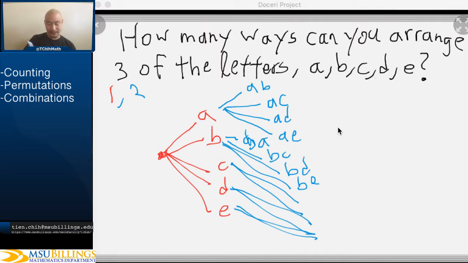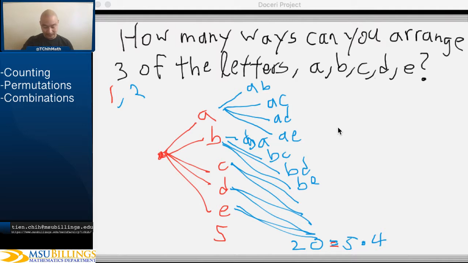So at the end of all of this, there's going to be five ways to arrange one letter, 20 ways to arrange two letters. And this 20 is 5 times 4.